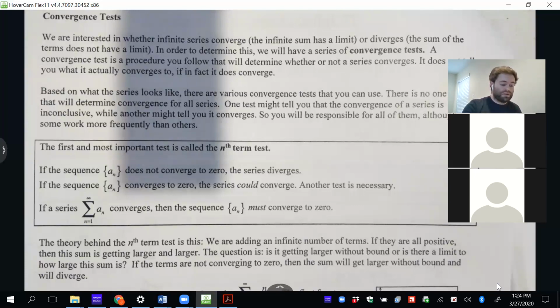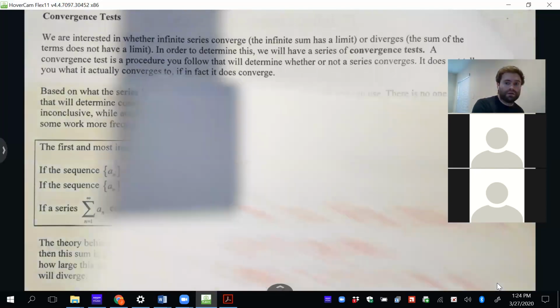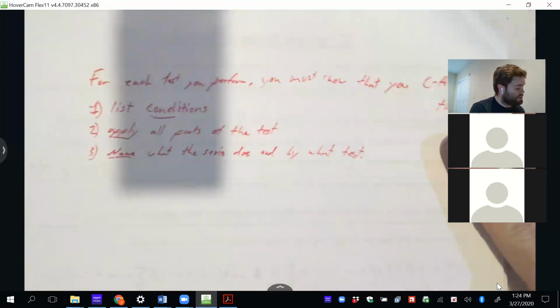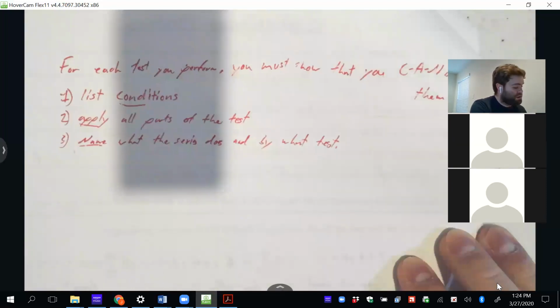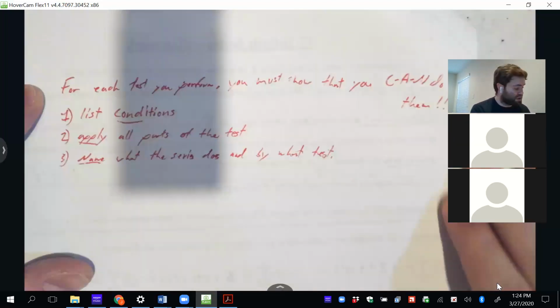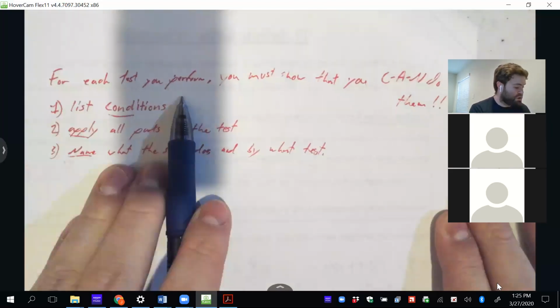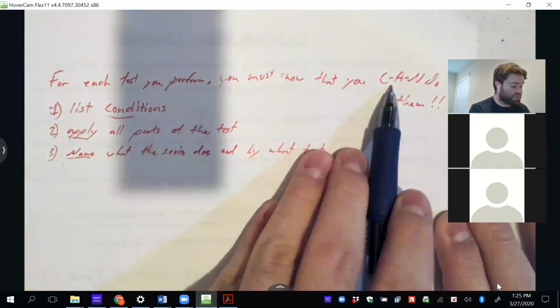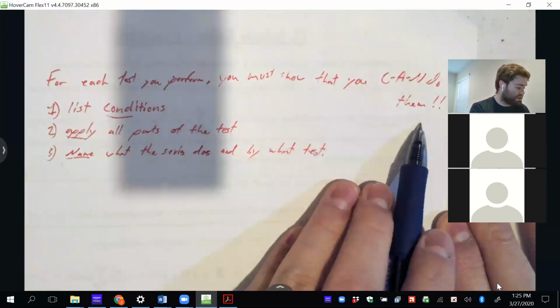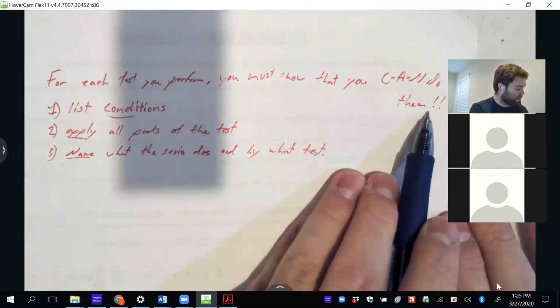So as we go throughout this unit, there's a few things we want to remember. For each test you perform to see if something's convergent or divergent, you have to show that you can, C-A-N, do the test. And C-A-N is going to be an acronym.